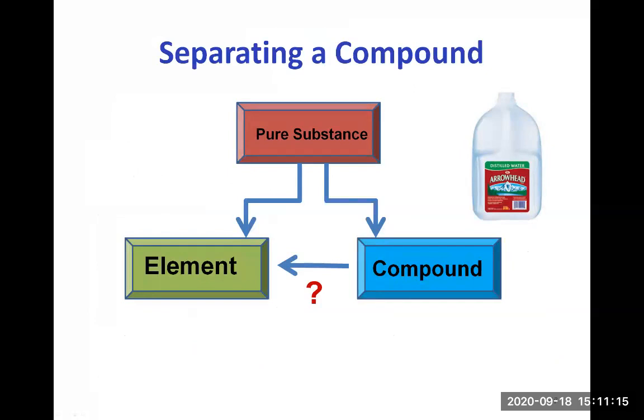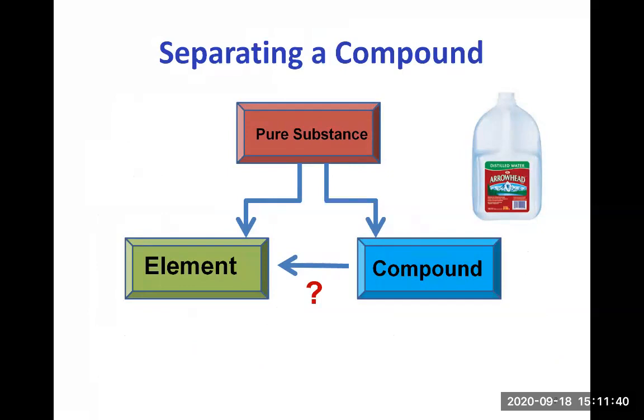So now that you have a pure substance, the question is, can you separate the compound into an element? We know that elements are substances that cannot be broken down into simpler substances, right? That's the basis of matter, and we cannot break it down.